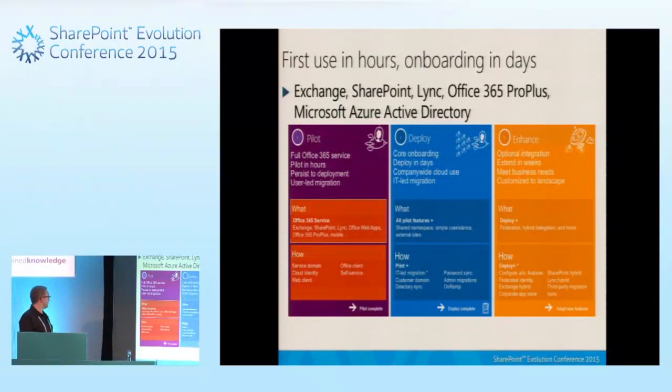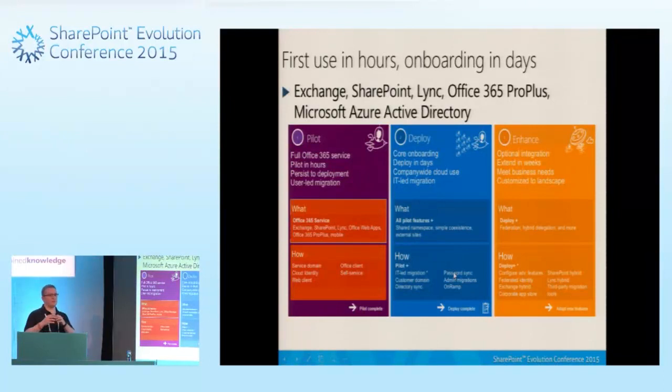So first of all, when it comes to pilot, what are you setting up? You are just setting up Exchange, SharePoint, everything inside Office 365. And when it comes to deploy, what you will do is set up the password sync. You will put in your customer domain, because for now I was just using the onmicrosoft.com domain.